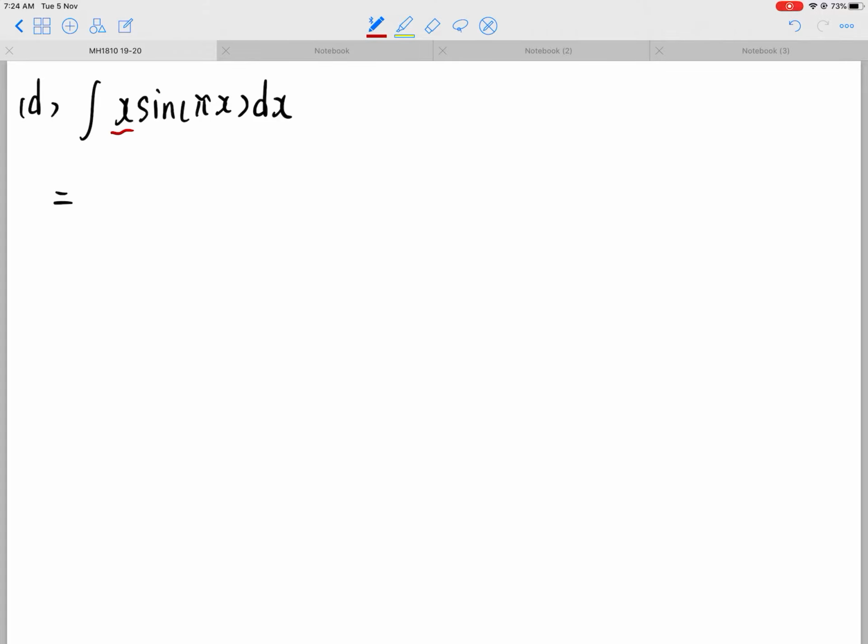But here, it's a little bit of a problem. We want this to be 1, so we treat it as u. We treat this as the v's derivative. So it's going to be u times v. Which function's derivative is sine pi x? It should be negative cosine pi x times 1 over pi, right?